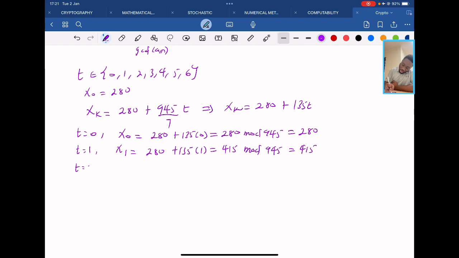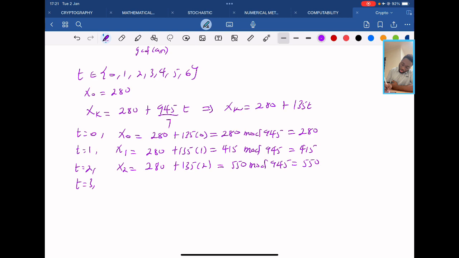Now when t is equal to 2, I'm going to get s2 to be equal to 280 plus 135 times 2, and this is going to give us 550 modulo 945, and that is equal to 550.